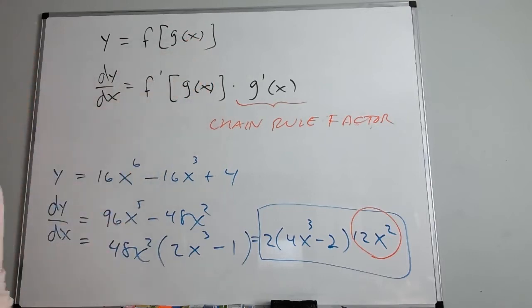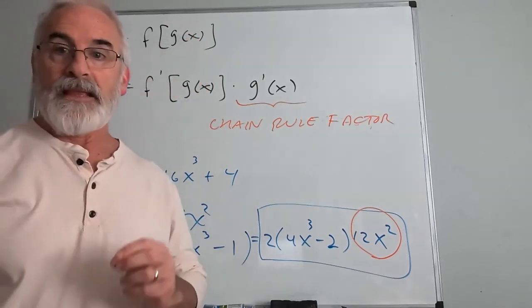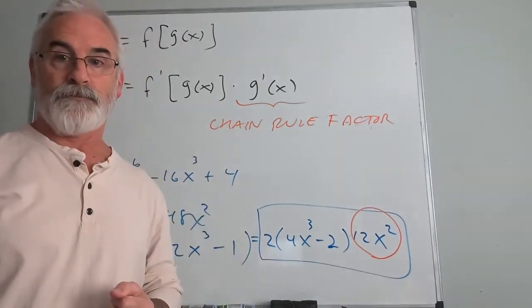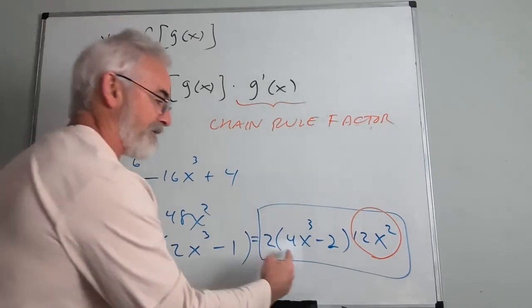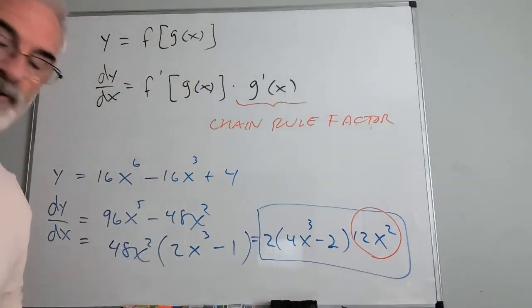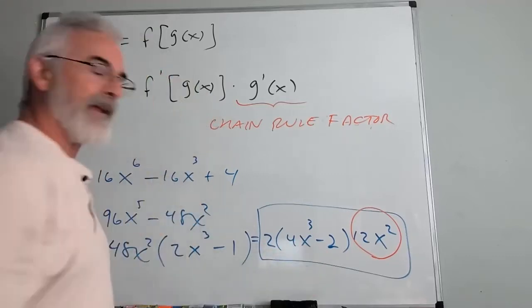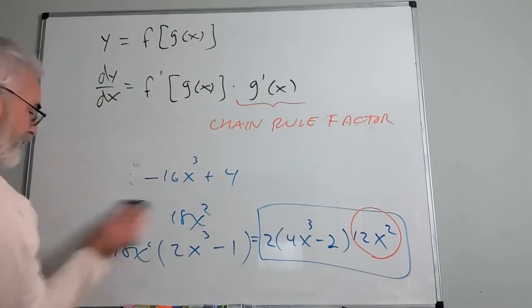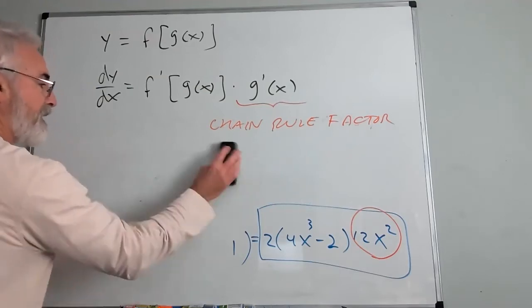G of x is called the argument. In any problem, the argument cannot change. So in my final answer, 4x cubed minus 2 was the argument. That was the thing I was raising to a power, and it showed up in my answer. Okay, so let's do another version of this. Let's do another simple exponent problem.